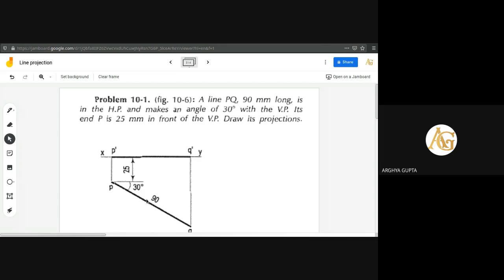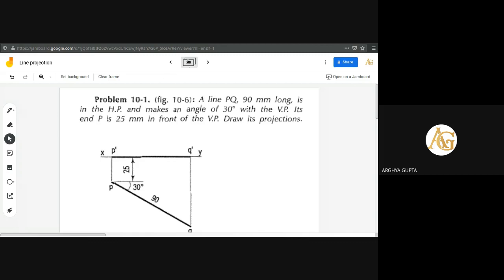Then we decide in which view the true length can be obtained, and the drawing has to be started from that view only. So the line PQ, 90 mm long, is in the HP.